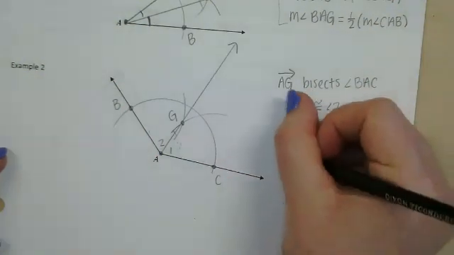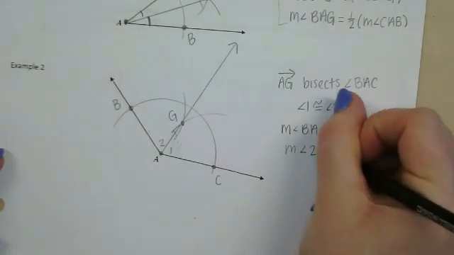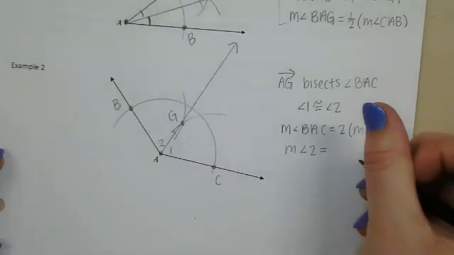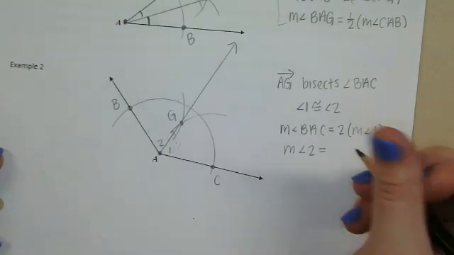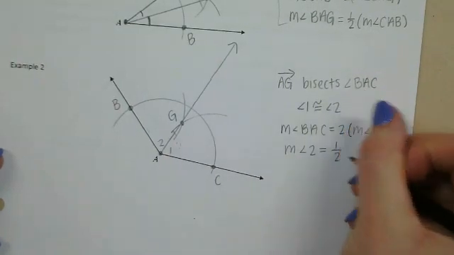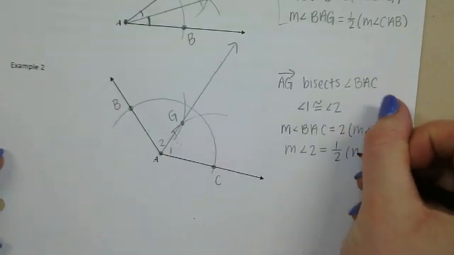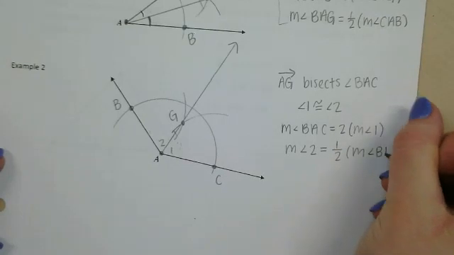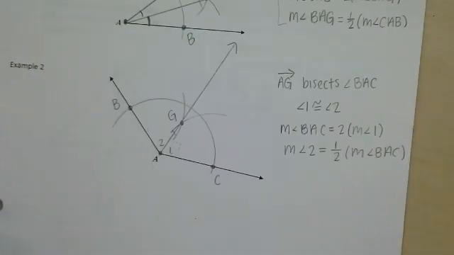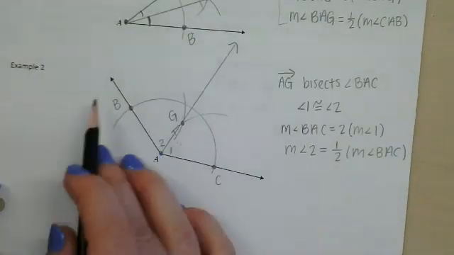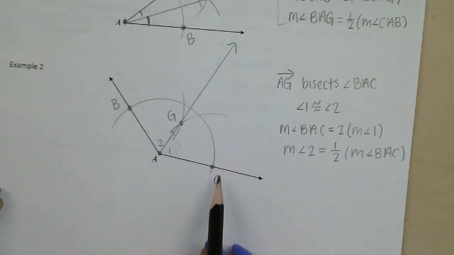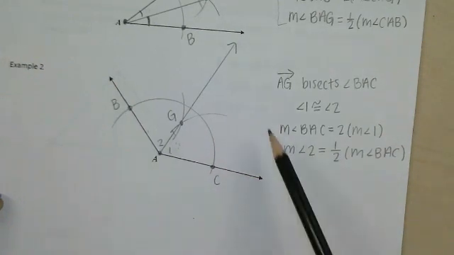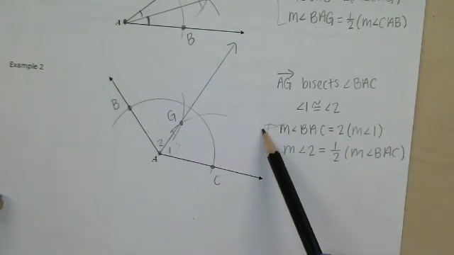While I could say that the measure of angle 2 would be equal to 1/2 the measure of the entire angle BAC. So the entire angle can be compared to the small angles written in either one of these forms here.